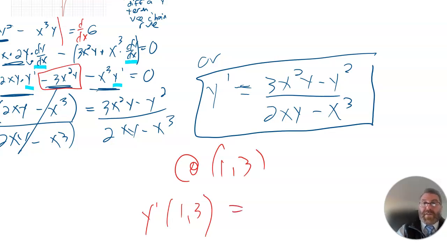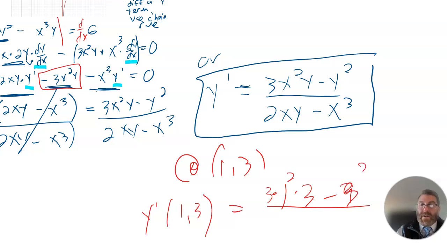I'm going to plug in a 1 for x and a 3 for y. And so I get 3 times 1 squared times y, which is 3, minus that y value squared. 3 squared is 9, I'll write as 3 squared for now. Over 2 times x, which is 1, times y, which is 3, minus x, which is 1 cubed.